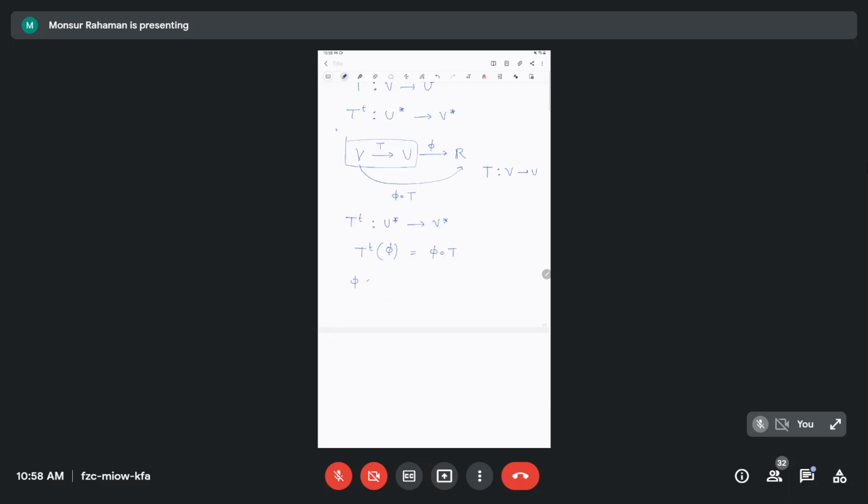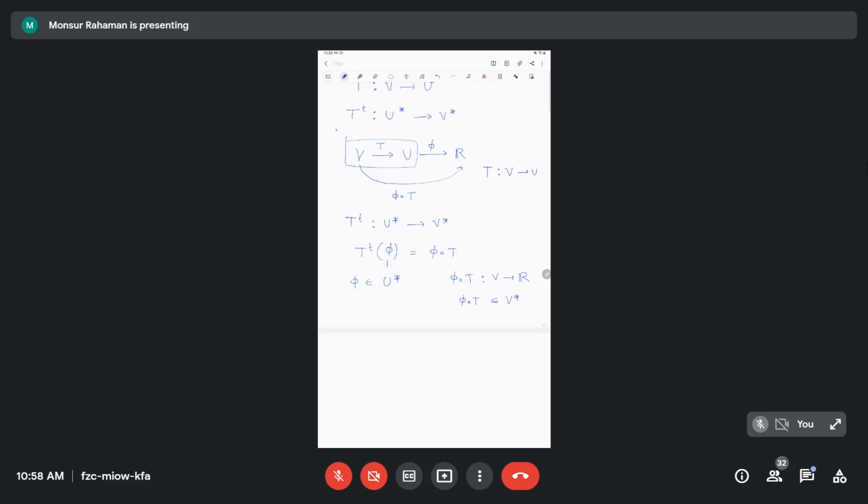Because phi belongs to U star, since phi is a function from U to R, and phi composed with T is a function from V to R. So phi composed with T belongs to V star.